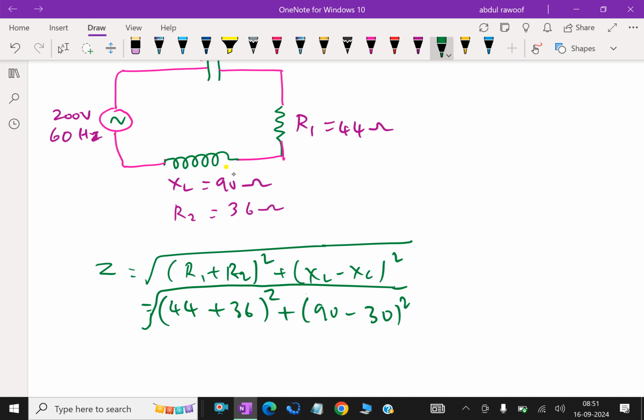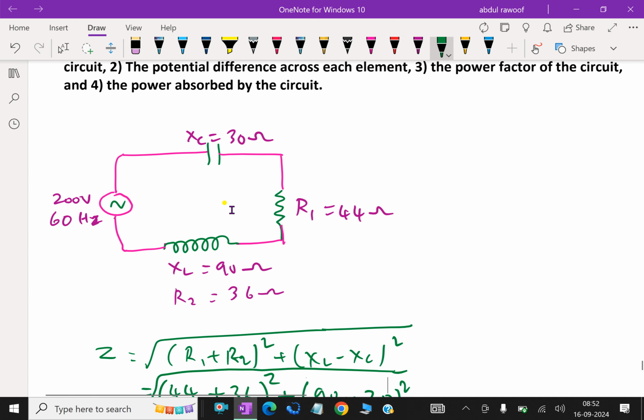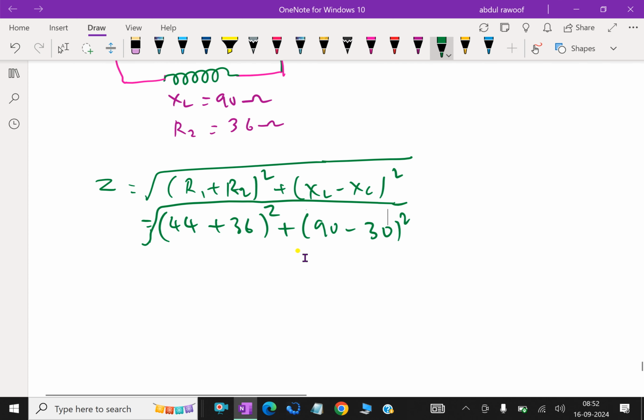So (44 plus 36) squared plus (90 minus 30) squared, which gives approximately 100 ohms.